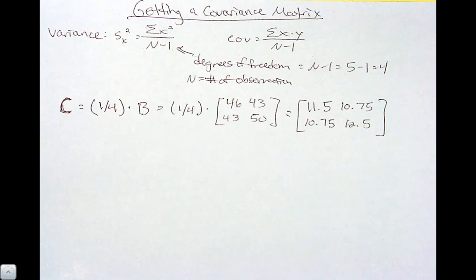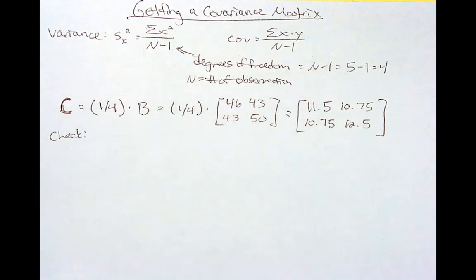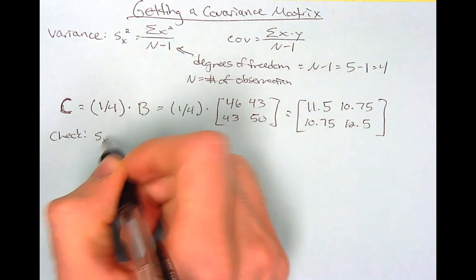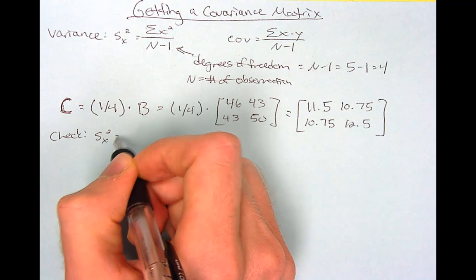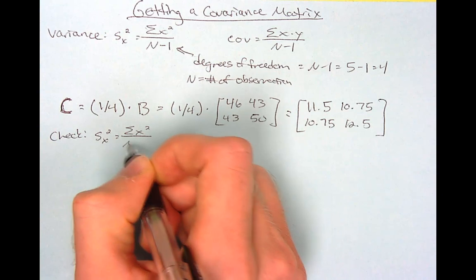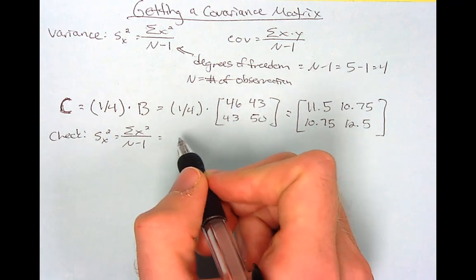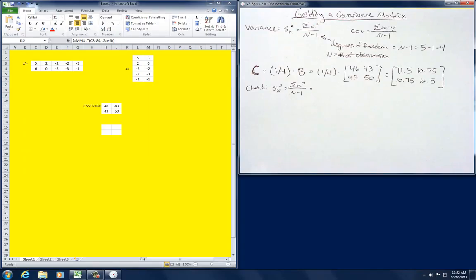Now we can check this to make sure we did it correctly. So let's check it. And let's take the variance of x. So you get the sums of squares of x, which, let's go back to Excel so we can look at what our deviation scores here were.